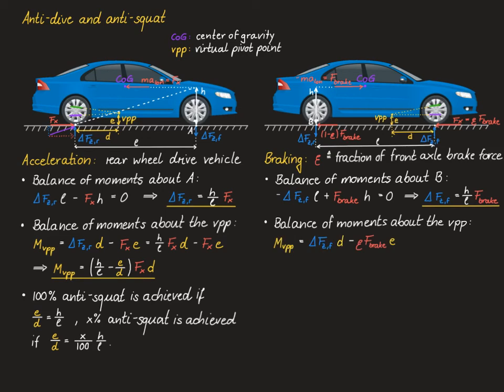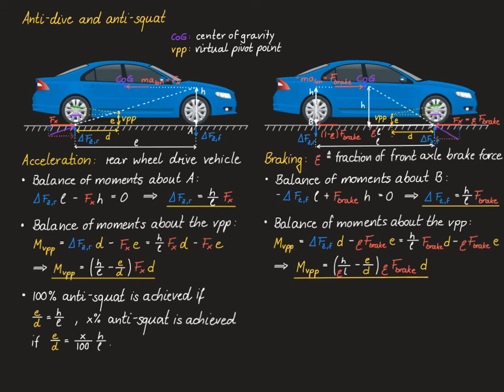The total moment M_VPP that's responsible for compressing the suspension is equal to delta FCF times the distance d minus xi times F_brake times the distance e, which, by substituting this expression for delta FCF into here, yields this equation, so that the total moment can be expressed as the ratio of h and xi L minus the ratio of e and d, times xi F_brake d.